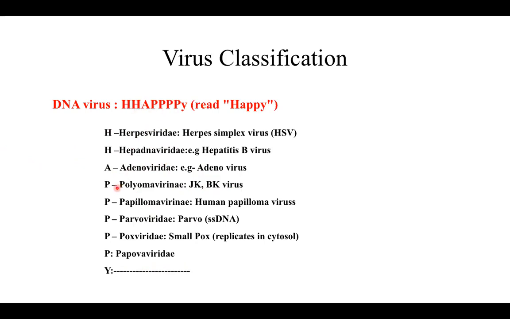P stands for the papillomaviridae, that is human papillomavirus. Another P stands for the parvoviridae, that is parvovirus, a single-stranded DNA virus. And P stands for the poxviridae, it includes smallpox, and the varicella zoster virus.